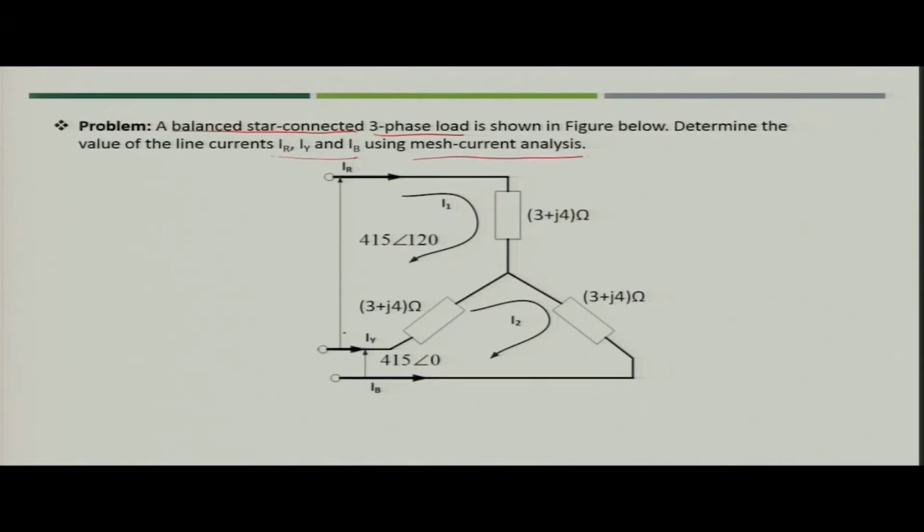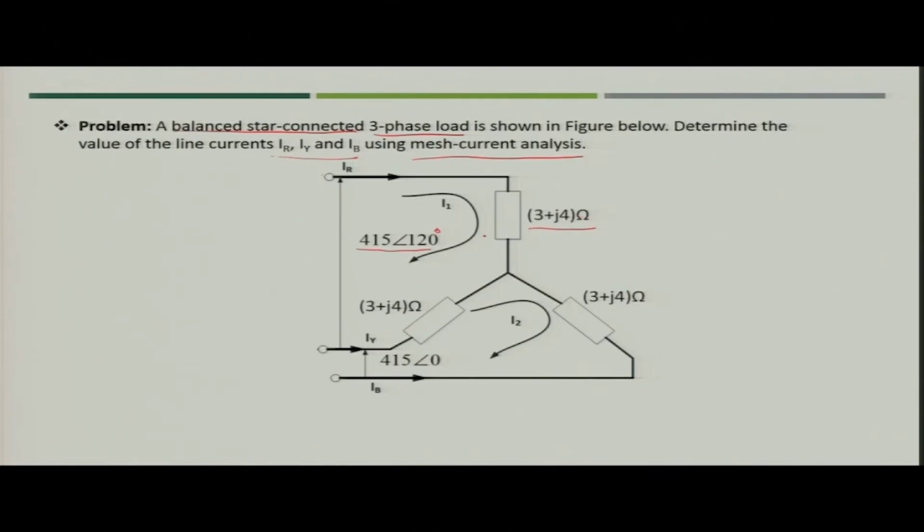The line to line voltage, that is voltage across these two terminals, is given as 415 angle 120 degree, and between these two nodes is 415 angle 0 degree, and this is a balanced 3-phase load. So, the impedance across the loads is 3 plus 4j ohm.